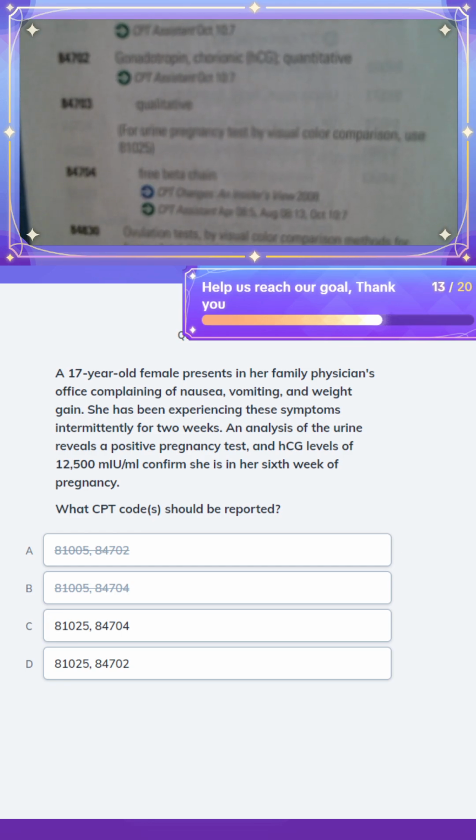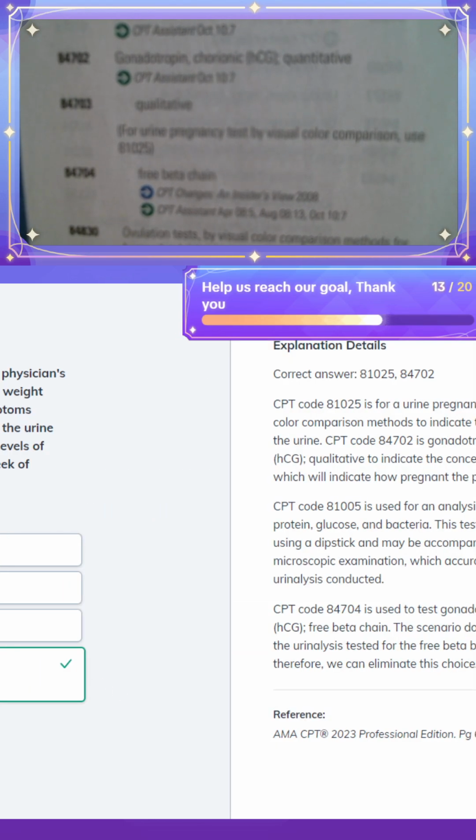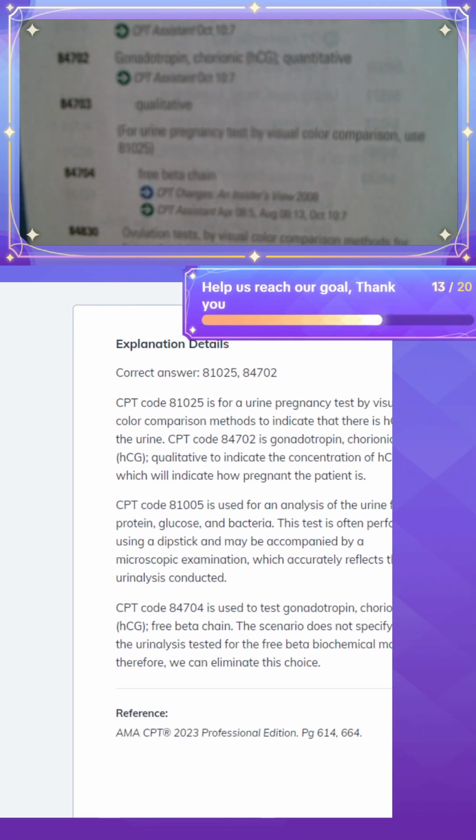D. All right. Good job. Perfect answer. Absolutely. Let me get this moved over here so you guys can see the rationale. That's perfect.